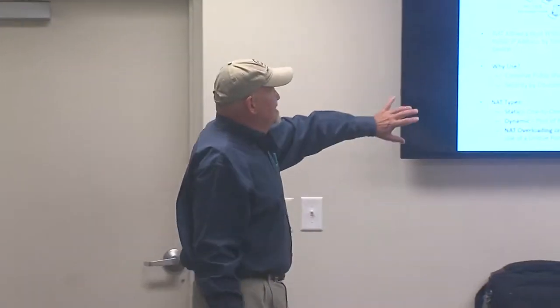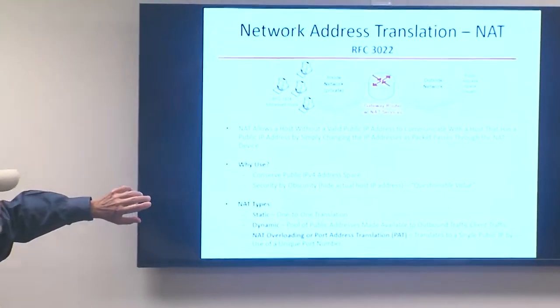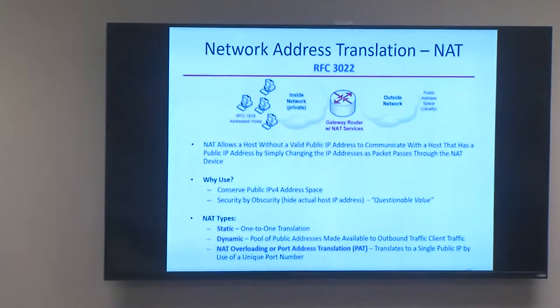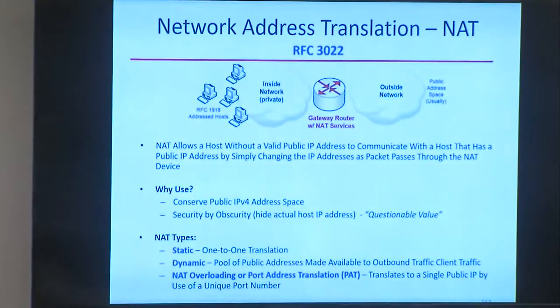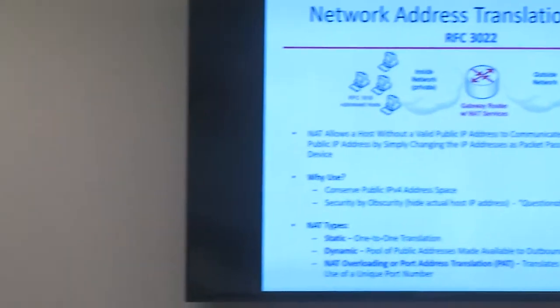To use the proper terms, I have an outside network and an inside network. On the outside network, I have a given port that I'm receiving a public IP with a port number. I'm going to translate that through the IP address to an inside IP address.